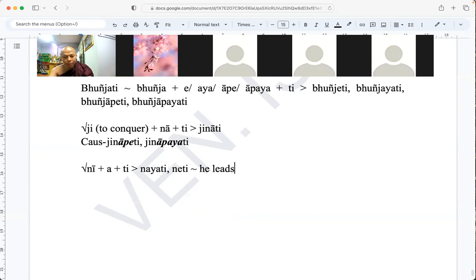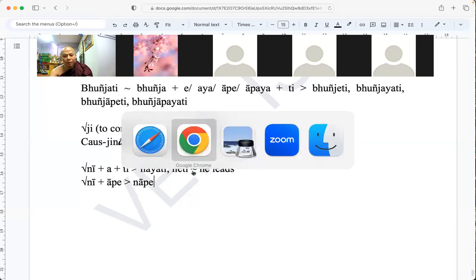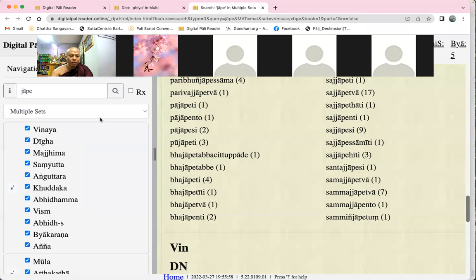That is the common form. He leads to something. But from the root ni, and then here Abi, so it is Nabi. Let's find what Nabi is, firstly in the dictionary.